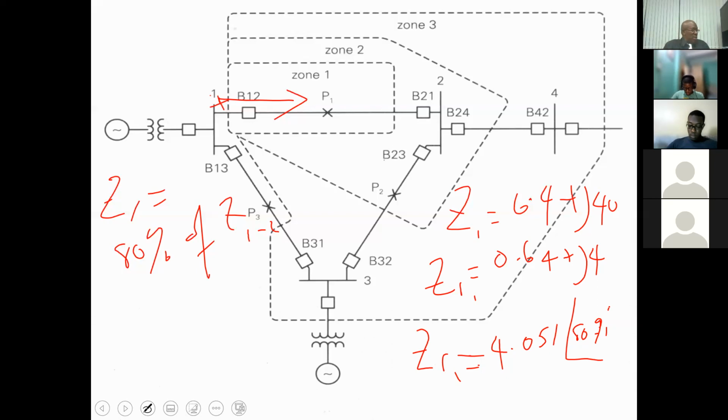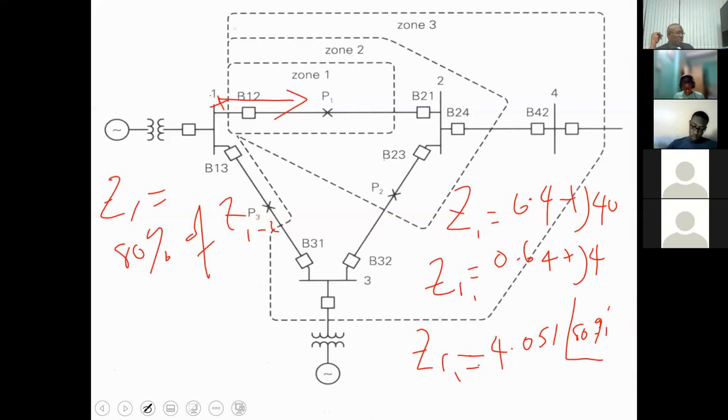So it's 9.6 plus J60. We're dividing that by 10. So we get 0.96 plus J6. And of course, since we are multiplying the complex number by a constant, the angle will remain the same.